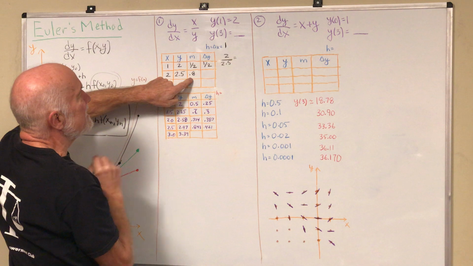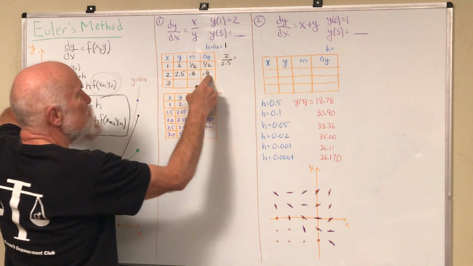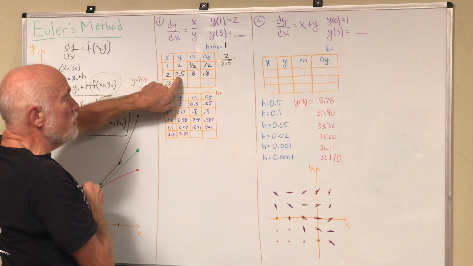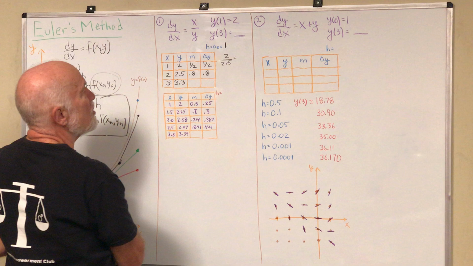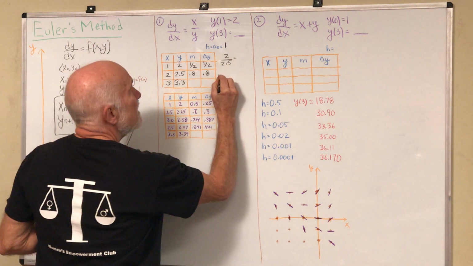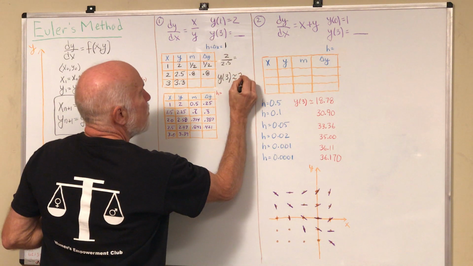And 0.8 times 1 is 0.8. That's the change in y. This was the old y, so the new y is 3.3. So we would approximate y of 3 to be approximately 3.3.